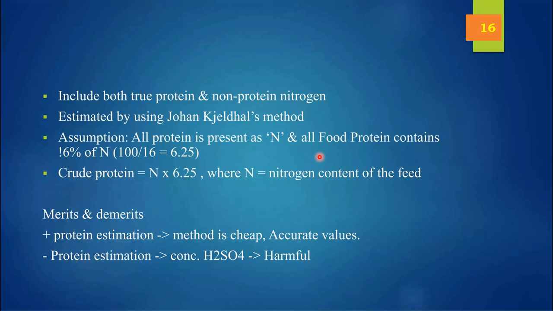Protein estimation is always done using concentrated H2SO4, but if you are trying to digest a feed in concentrated H2SO4, there is always a danger, especially for the persons who are working in the laboratory. Hence one needs to take care of such hazardous materials as far as risk in the laboratory is concerned.